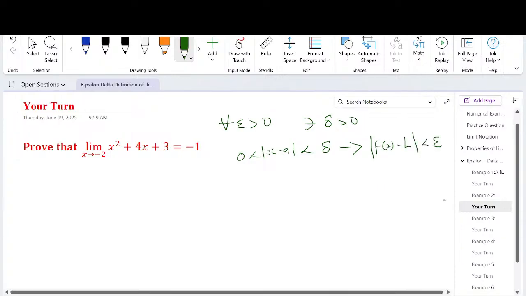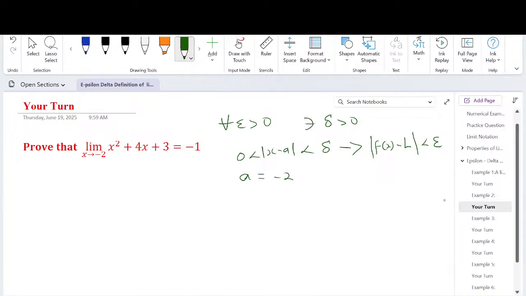So from here, the value of your A equals negative 2, then the limit is equal to negative 1, and f of x is equal to x squared plus 4x plus 3.